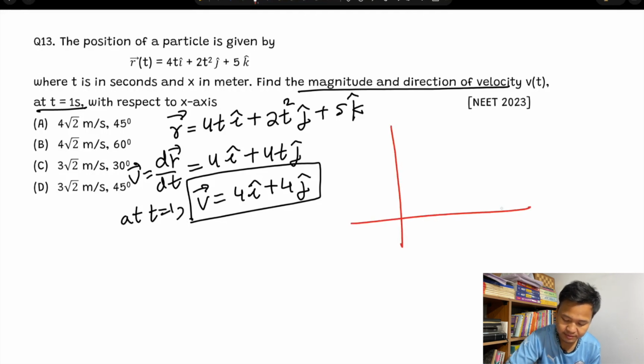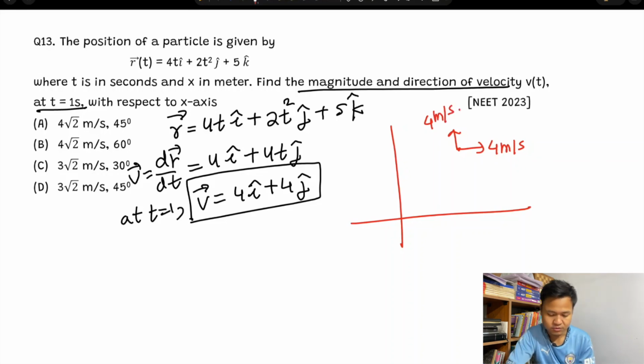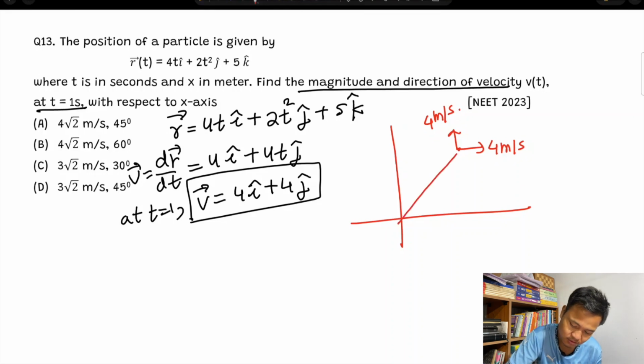At one point, I have 4 meter per second along one side and 4 meter per second on the other side. Although this is not a position, it is like 4,4 and 0,0.